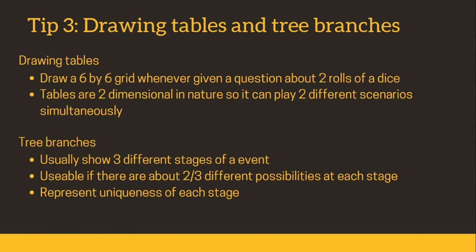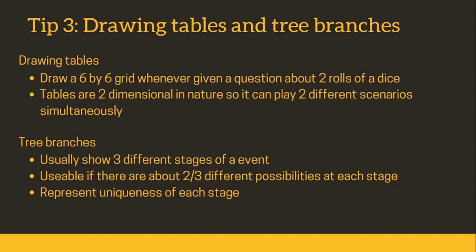So the next one is about drawing tables and tree branches. There are several ways you can tackle probability questions. Two of them are a very systematic and more established way of writing your answer. In some cases, you can draw tables. In the case of rolling two dice, of course, the numbers on the dice are 1 to 6, so if you roll two dice, there will be 36 different scenarios.